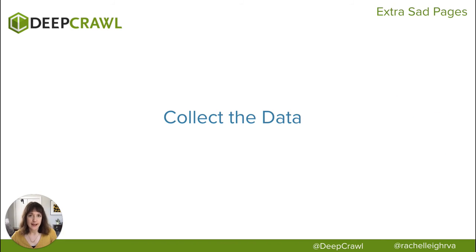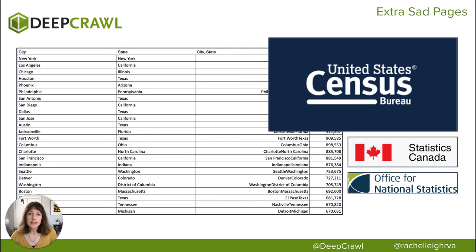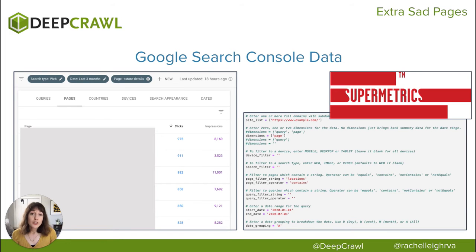First, I needed to collect the data. Now, the US Census Bureau and Canada and the UK and many other countries, they have this population census data that you can download straight from the internet. So I did this for the US. Also, you need some Google Search Console data. So you need clicks and impressions data for a period of time. So I've used 6 months here.